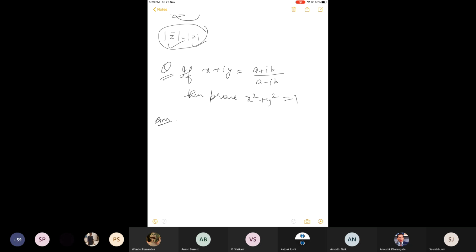Try this question using properties, I'm repeating. Can anyone give any idea about how to use the properties or how we should proceed in this question?